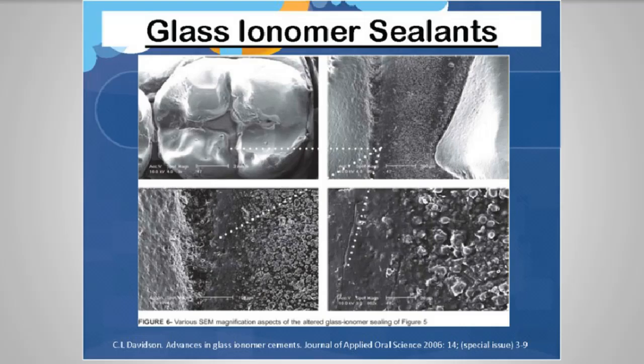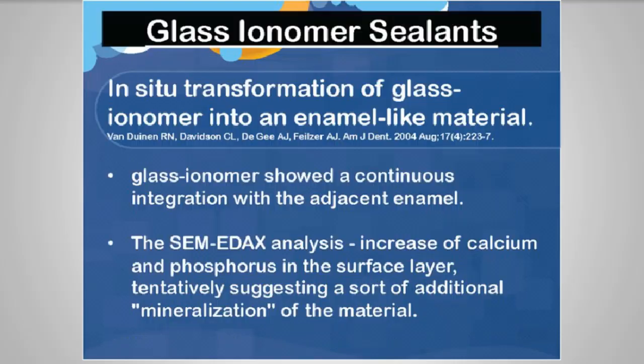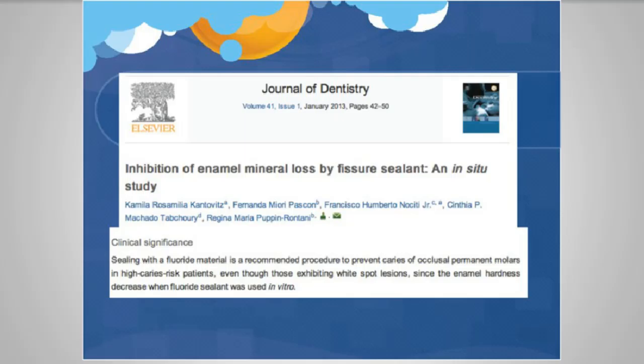And in a previous paper to that, he talks about how glass ionomer showed a continuous integration with the adjacent enamel, and there seemed to be an increase of calcium and phosphorus in the surface layer, suggesting additional mineralization of the material in the tooth structure. So there's a lot of really interesting things going on with these kinds of bioactive materials. They are quite remarkable.